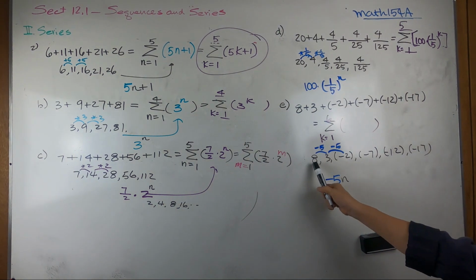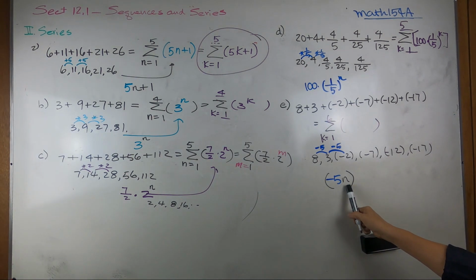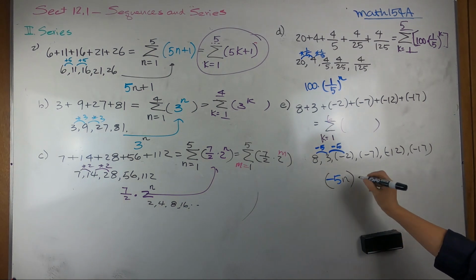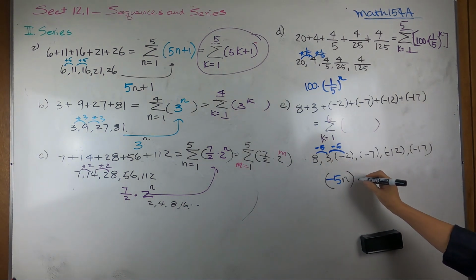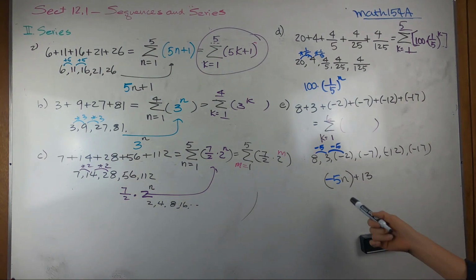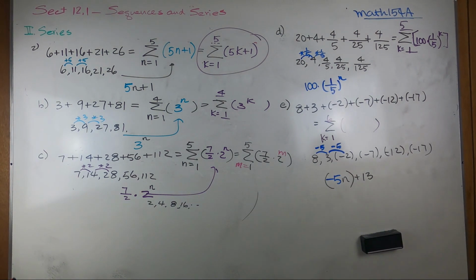But you have to fit in the first one. First one is 3, and it's negative 5. To make 3, we have to add 13, right? Then the second term would be negative 10 plus 13, that would be 3.